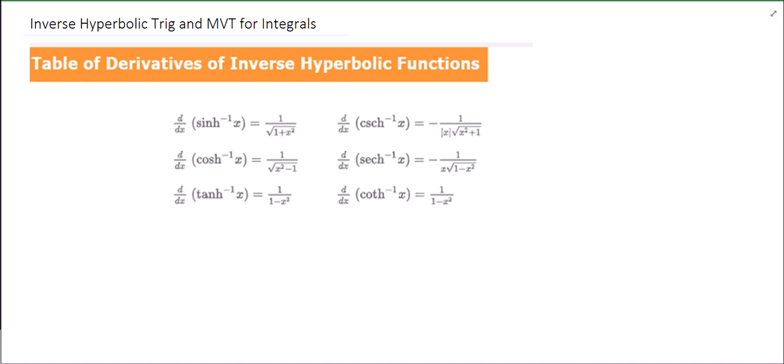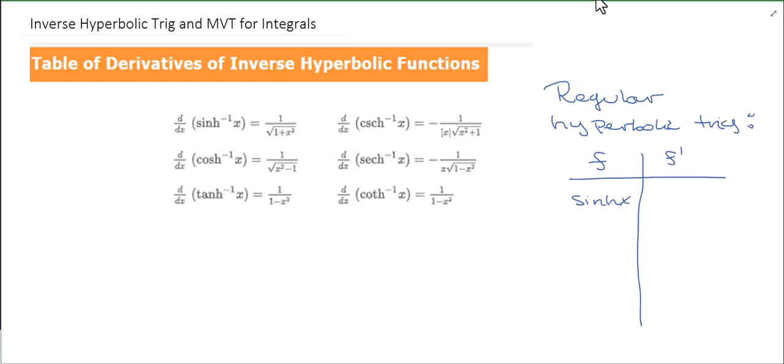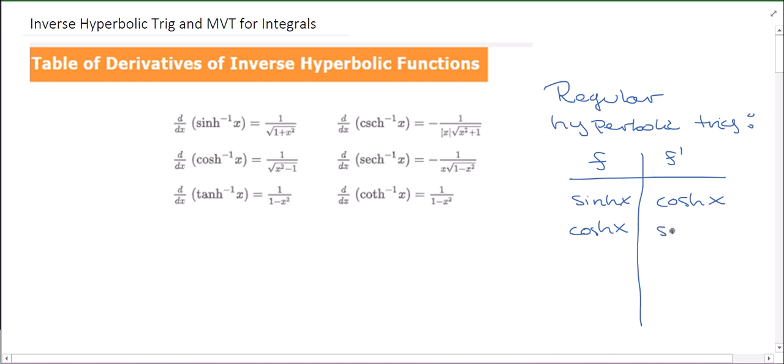And remember the regular trig, hyperbolic trig. So regular, hyperbolic. We had the sinh of x and the derivative is cosh. And if you had cosh of x, the derivative of cosh is sinh. So these are the ones where we don't have the negatives, as in standard trig functions, right?